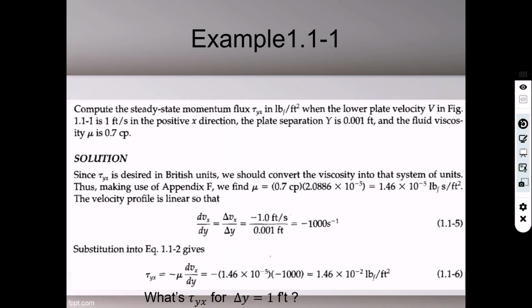In order to get this shear stress, we need to identify dvx/dy, because we already know the viscosity. The viscosity is here, 0.7 cp. So we know this, and we want to multiply it by this thing.